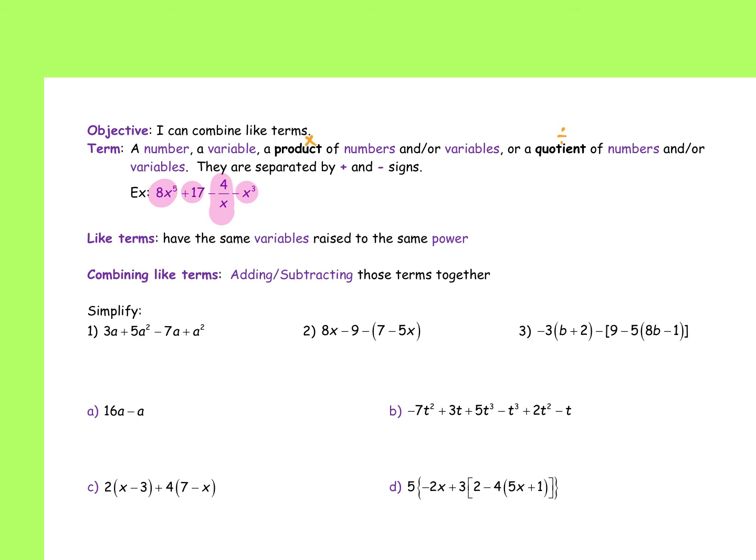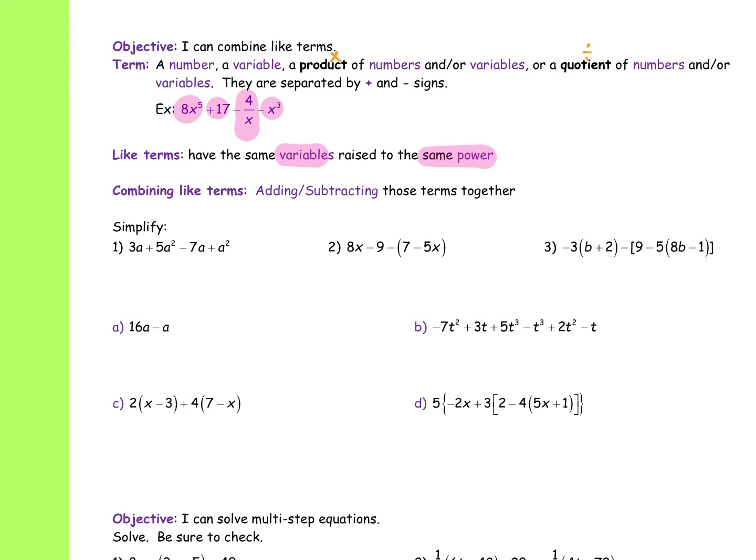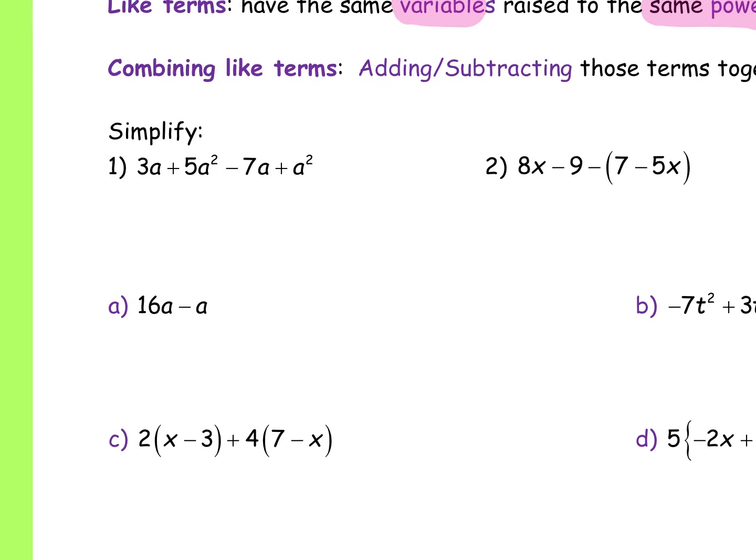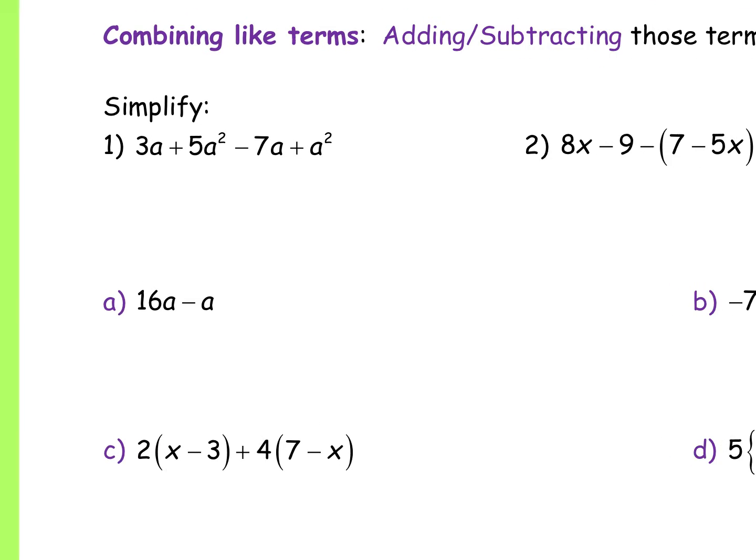Okay, combining like terms. Like terms have the same variable raised to the same power. Very important. It's the same variable raised to the same power. And combining like terms is adding or subtracting those terms together. Sometimes we have to do some other stuff first before we can combine them together, but here we go.